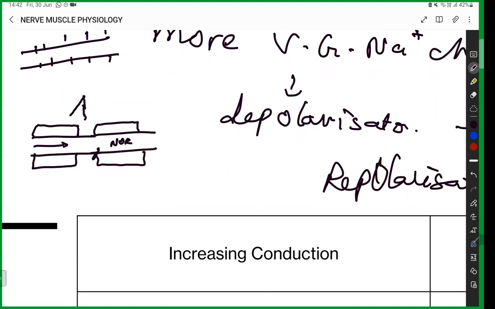When it reaches your node of Ranvier, what happens? It prevents the sodium influx. Outside there is lots of sodium, inside there is lots of potassium, and this potassium tries to go out, isn't it? When the sodium is coming, there is more sodium and activation of sodium potassium channels.